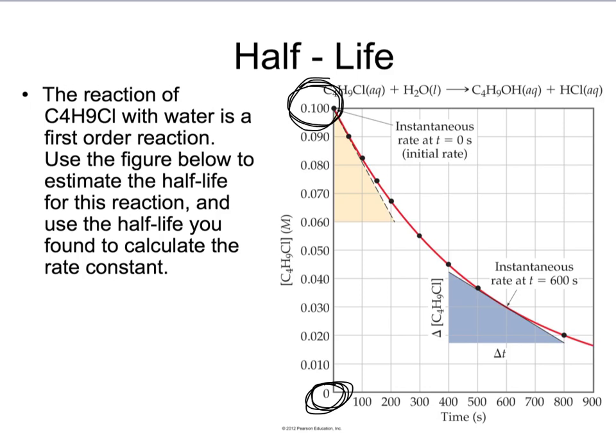Now, if a half-life occurs, we know that in a specific amount of time, the concentration should go down by half. So if I'm starting off with 0.1 molar, then at half-life that concentration must go down to 0.05 molar, because that would be half of the concentration.